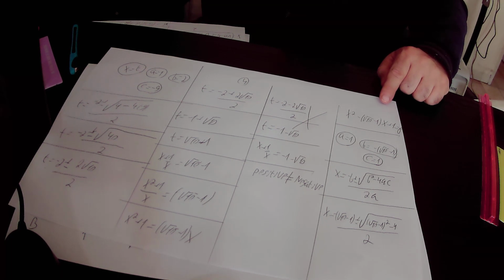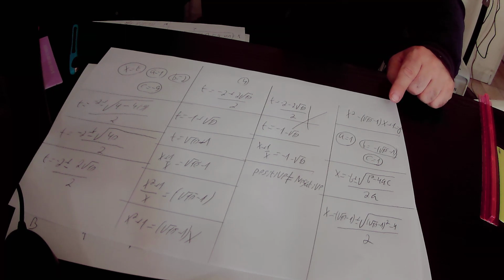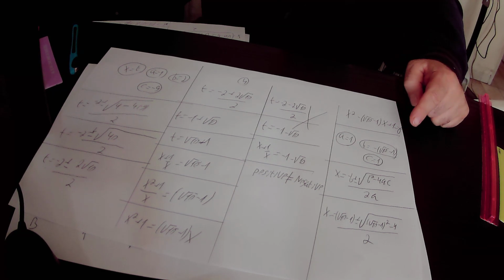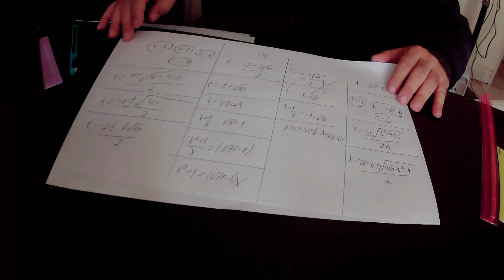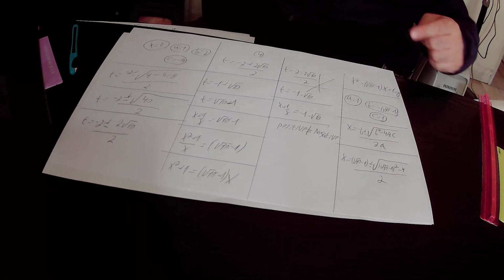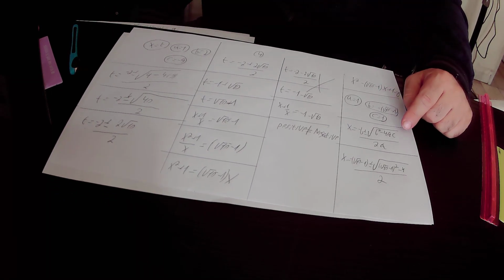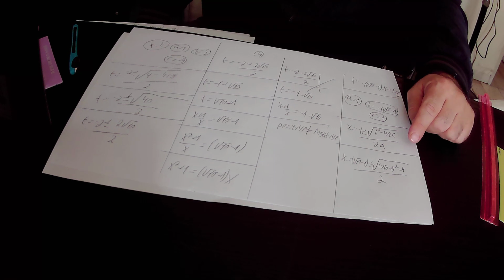In this quadratic equation, the coefficients are as follows: a equals 1, b equals minus square root of 10 minus 1, and c equals 1, and the solution of the quadratic equation is x equals minus b plus minus square root of b squared minus 4ac, over 2a. In our specific quadratic equation, x equals minus b.